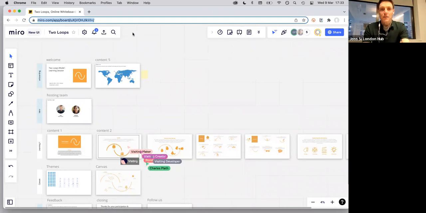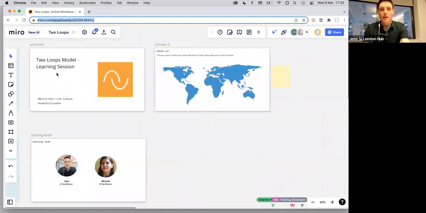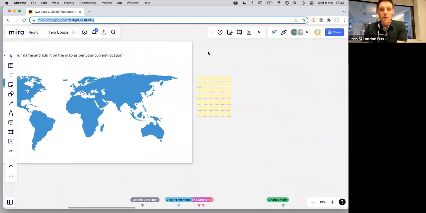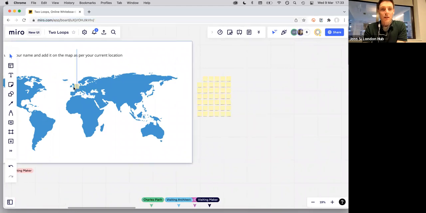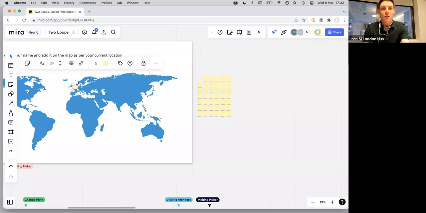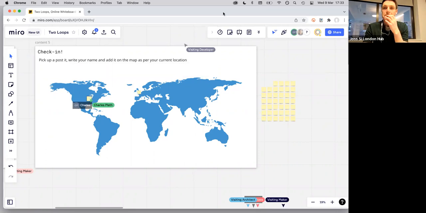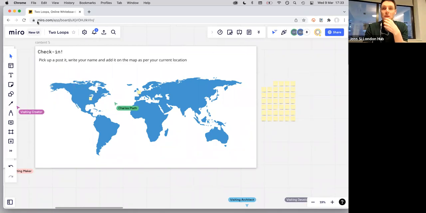So yeah, let's start. Here we are, and just to get warmed up, grab a little sticky and drag it to where you are in the world today, so that you have a little experience of how to use the Miro board, and you're confident with that. If you have any questions, please post them in the chat, and Manali can pick them up as we go along.